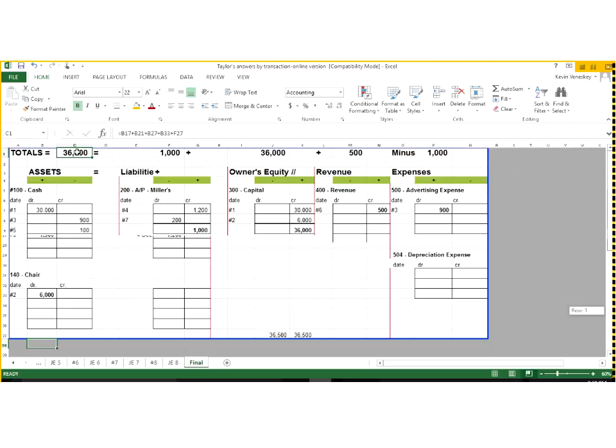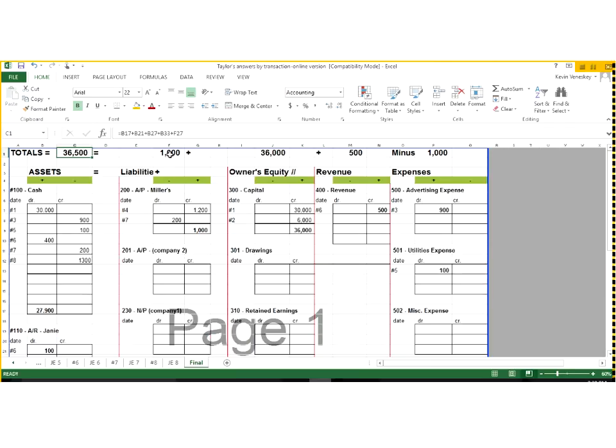When you add all those up, you get $36,500. Now for the other half of the equation, all I had over here was $1,000, so $1,000 plus the $36,000 plus the $500 minus, remember this was the minus, everything that's added up over here, $1,000.